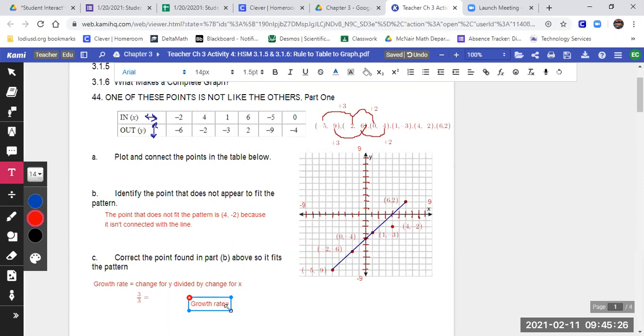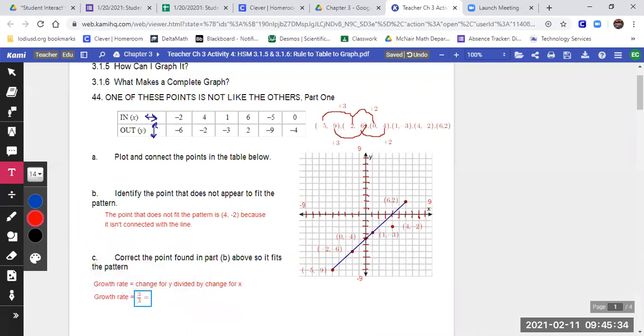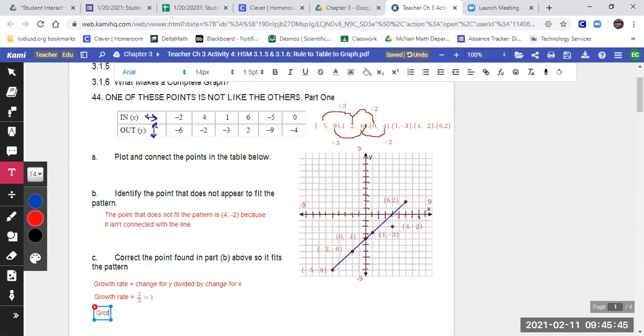We get 1. Okay. So now we have to check the other one to make sure it does the same thing. Our other one that we looked at was 2 divided by 2. So we're checking the other growth rate. You have to check to make sure the growth rate is staying consistent.